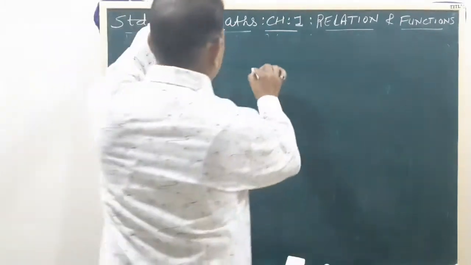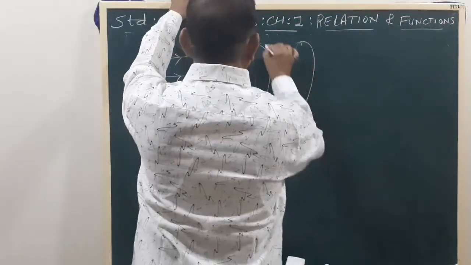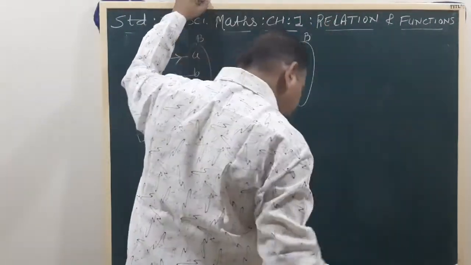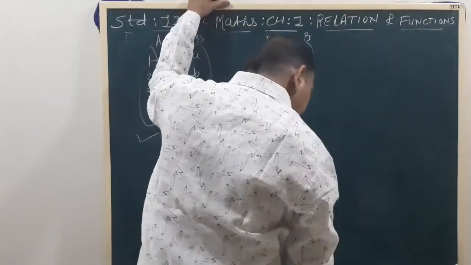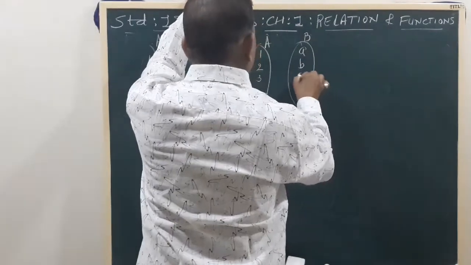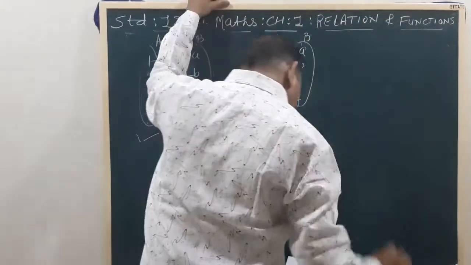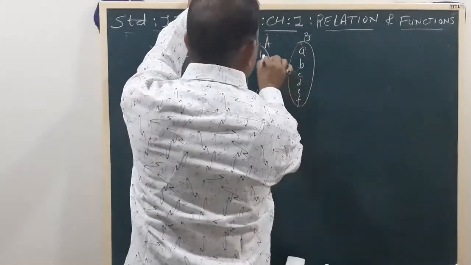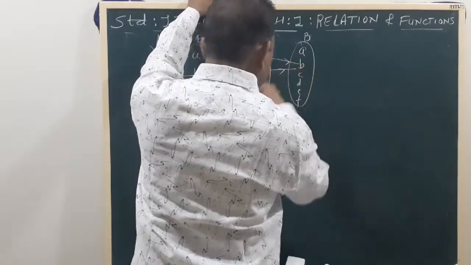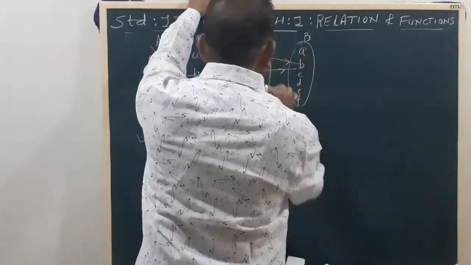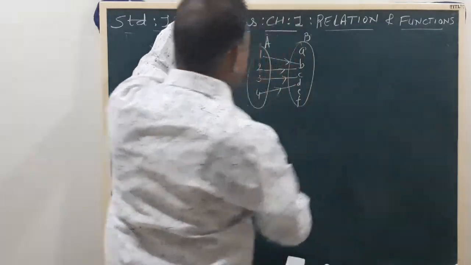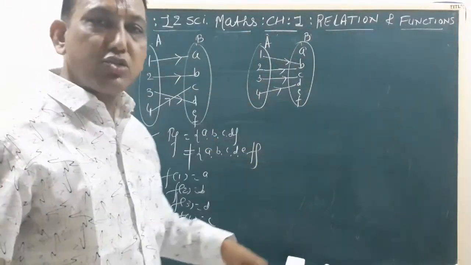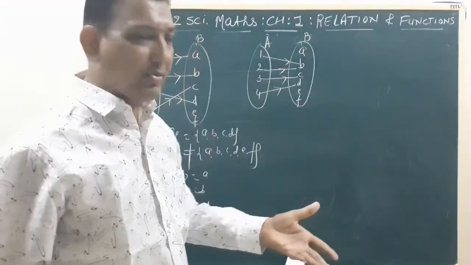Okay, second figure. A, B. 1, 2, 3, 4. A, B, C, D, E, F. F1 answer B, F2 answer B, F3 answer C, F4 answer D. Now here, one-one, onto, many-one, whichever is possible.